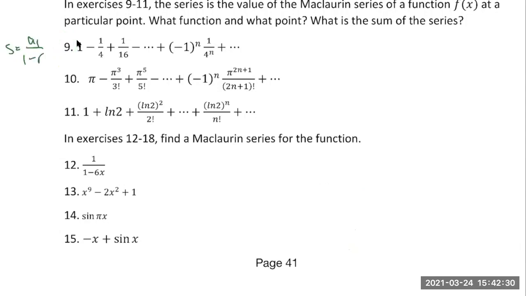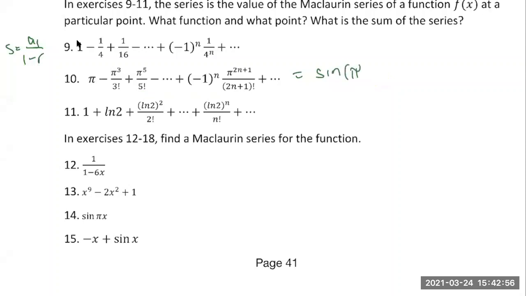Then the second type of question where they ask you for the sum is like number 10. Number 10, in theory, if I were to add all of these terms together in an infinite series, it's supposed to be equal to or approximate the function itself. So whatever that Maclaurin series is, and in this case it looks like it's the Maclaurin series for sine with pi plugged in for x.